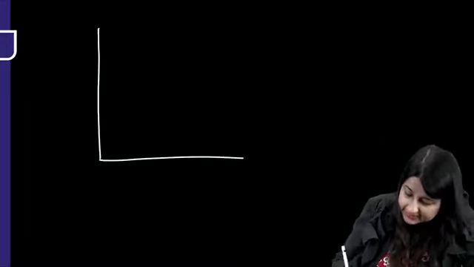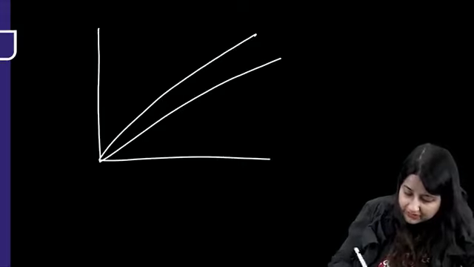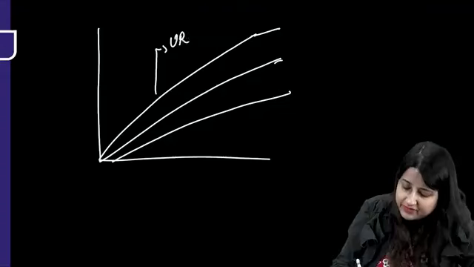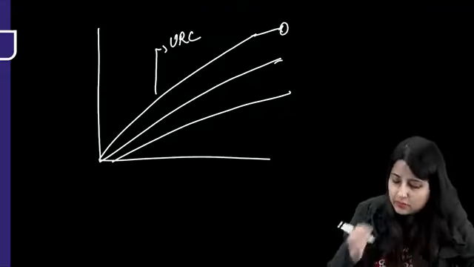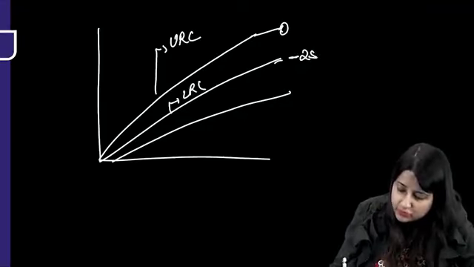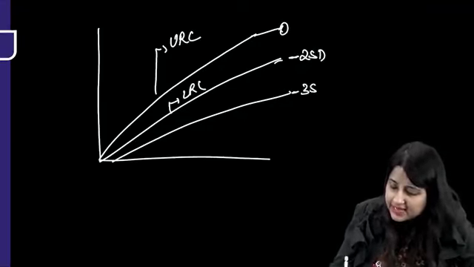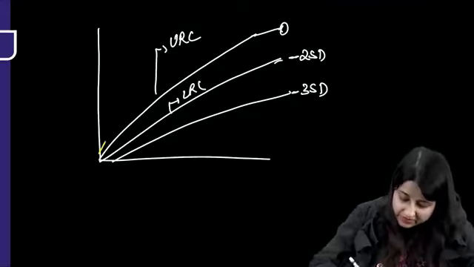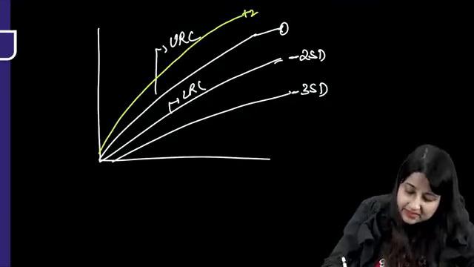Now, if you look at ICDS growth chart, this ICDS growth chart is going to have 3 lines like this. This is the first line, upper reference curve, but this is 0 over here. This is the second line, lower reference curve. This corresponds to -2 SD, and the line below that corresponds to -3. And if there is a line above this, this is +2 SD.